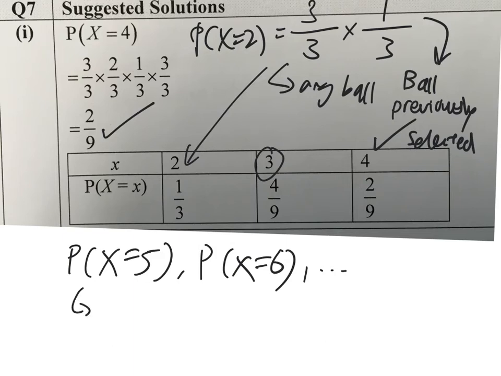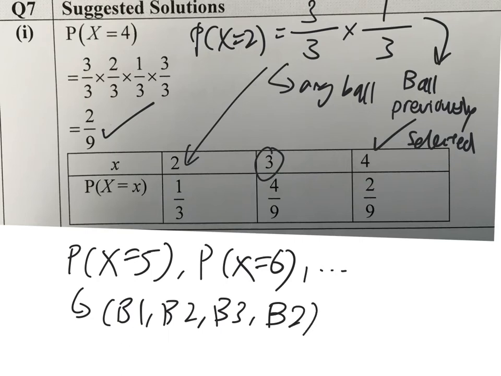If you have B1, B2, B3, and then let's say B2 again, is there any way to reach 5 draws? It would have ended at the 4th draw. So there is no way to reach 5, so of course no way to reach 6, 7, 8.